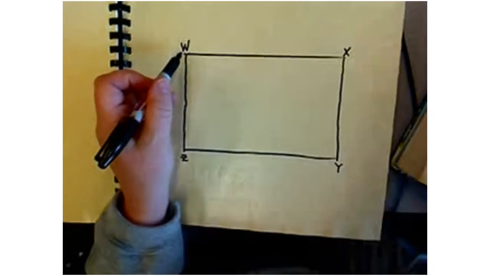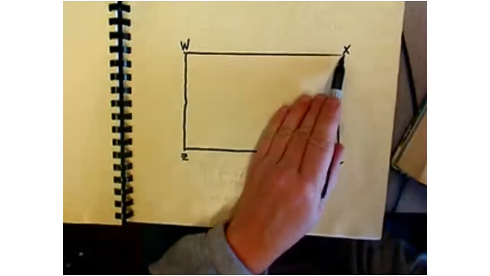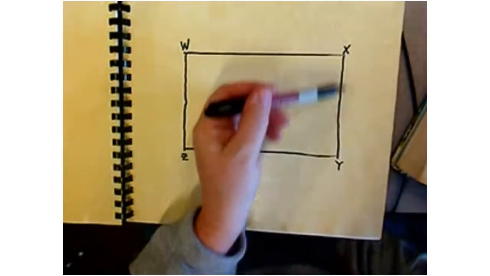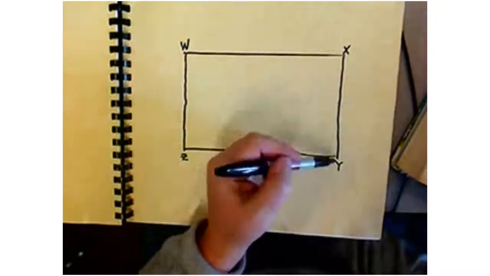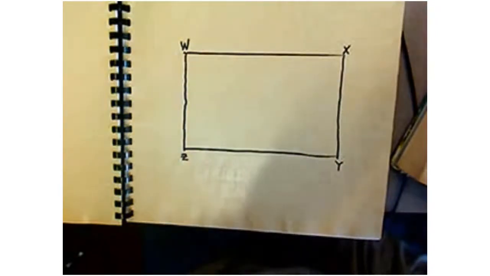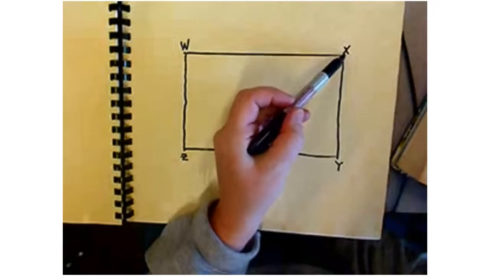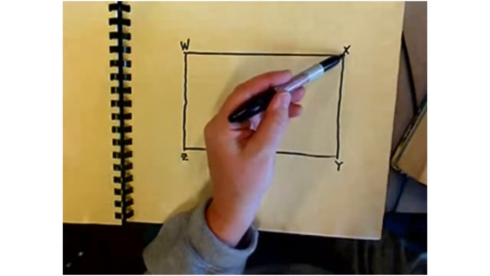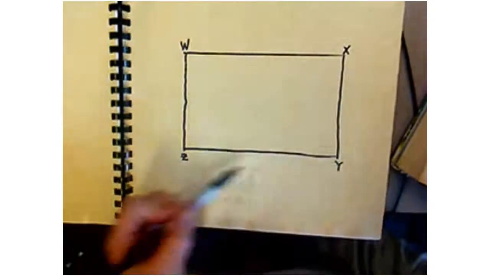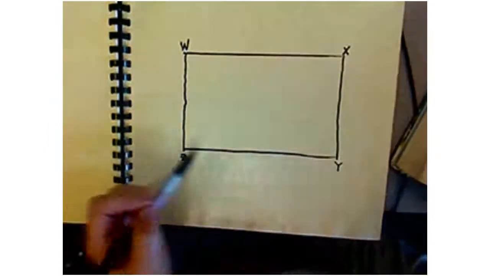So if we start at W, we would have W to X, and we turn the corner and we'd have X to Y. So WX, XY is a consecutive pair of sides. If we start at X, top right, we would go X to Y, then Y to Z. Those are two consecutive sides.